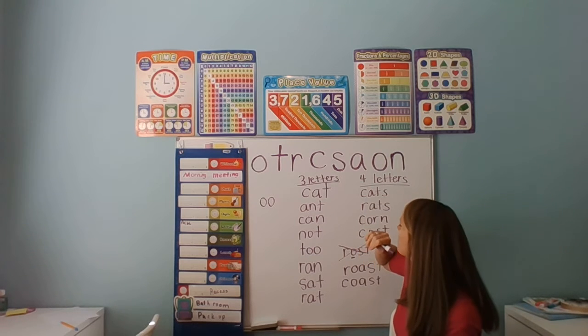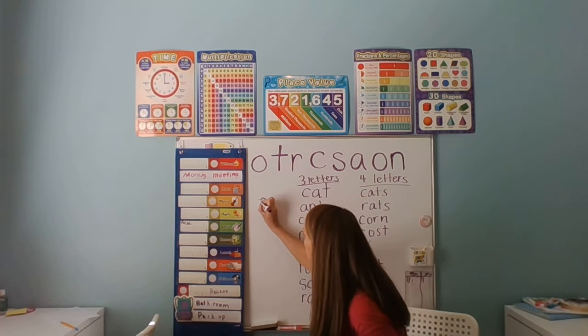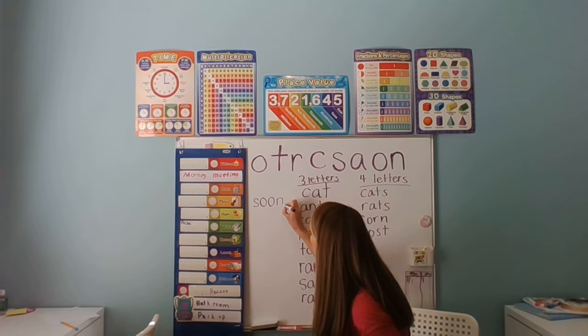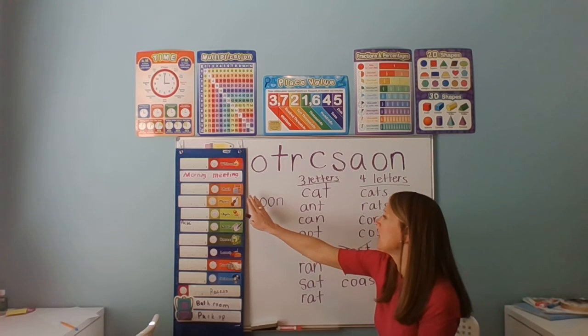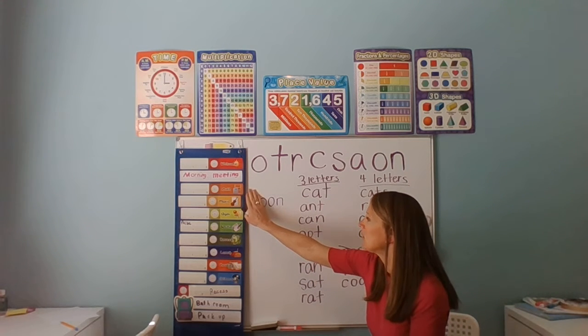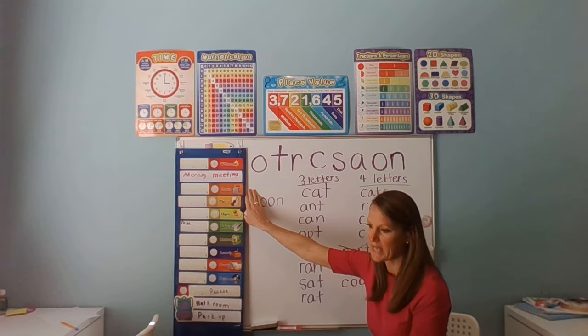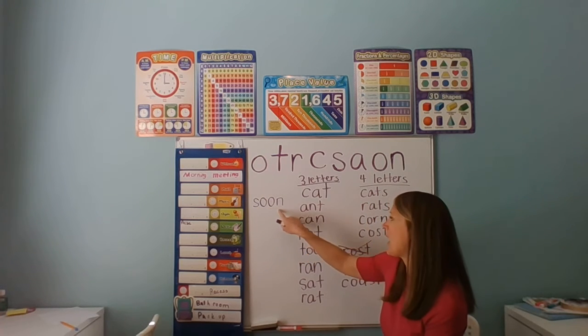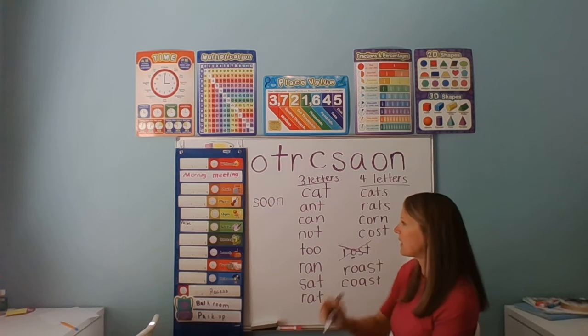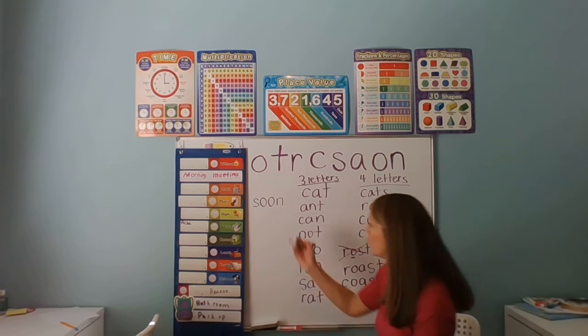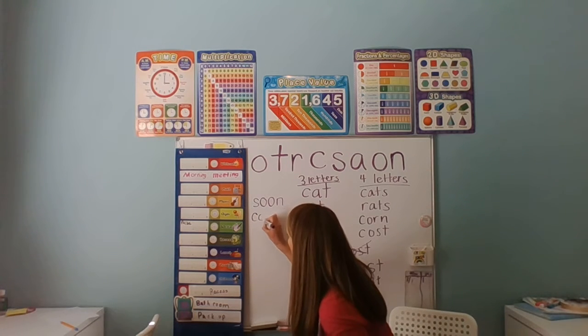You said soon. Now, are there any letters we could put in front of the O-O-N to take the S off and make another one? Is coon a word? That's like short for raccoon.